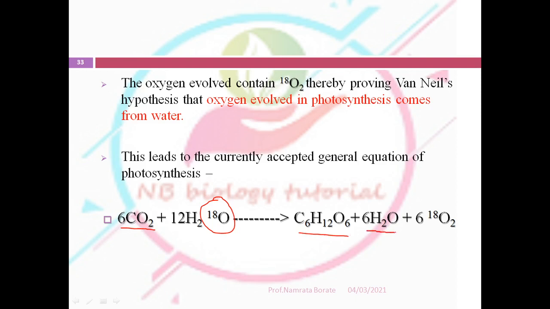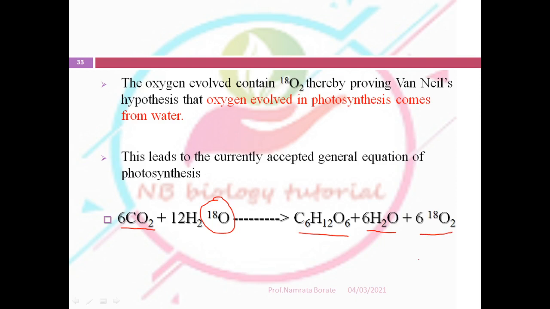There is a release of the normal water molecule, but there is a release of the heavy isotope of oxygen molecule. So on that basis, Samuel Ruben and Martin Kamen proved that the source of oxygen is not the carbon dioxide, but comes from the water itself.